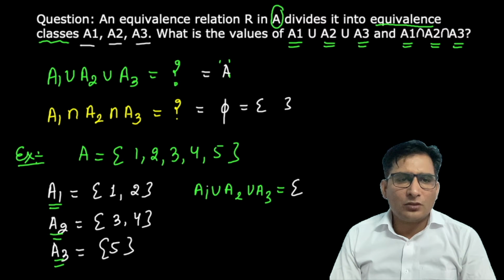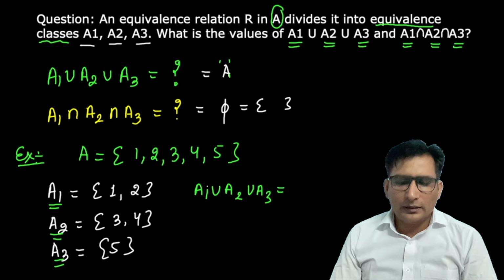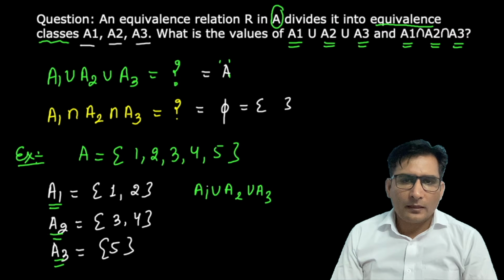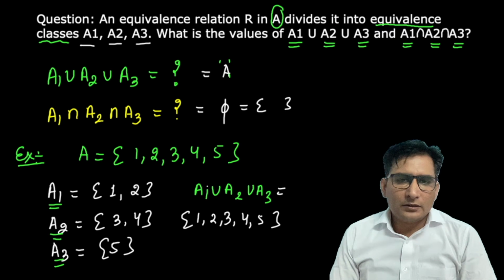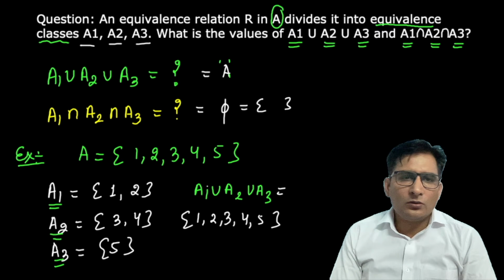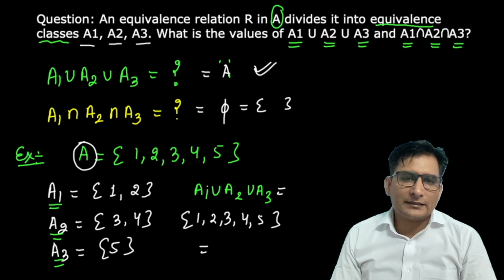Union means all the elements of A1, A2, and A3. We take all the elements of A1, A2 and A3. So what will come? 1, 2, 3, 4 and 5, which is equal to set A. That's why I have written here that the answer is A in this case.